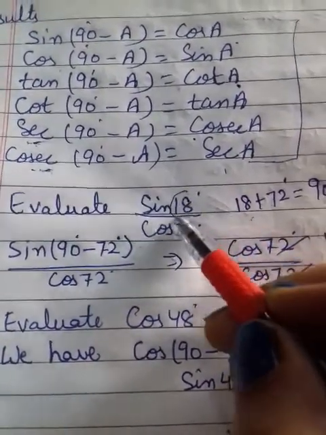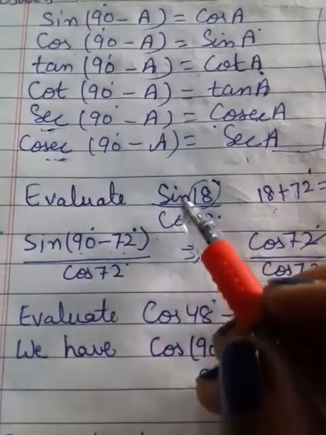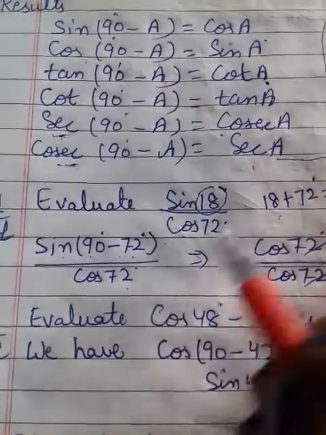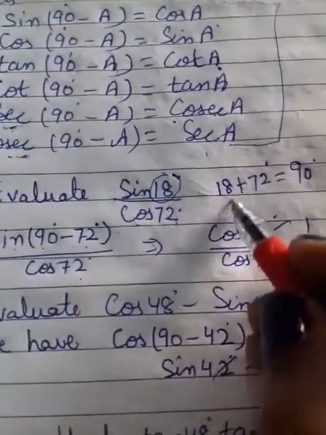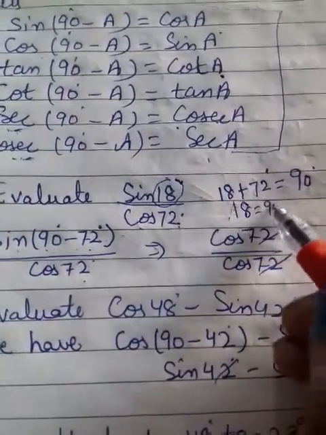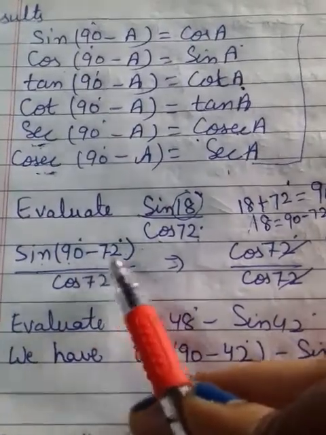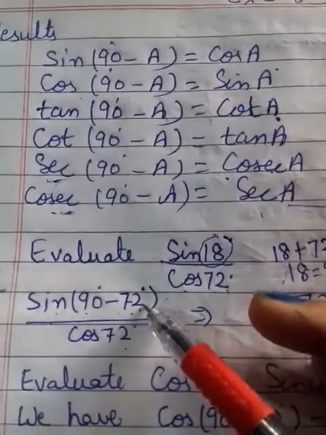So 18 I can write 90 minus 72. Sin I kept same. Denominator also I kept same. Sin 90 minus 72 means what is A here? A is your 72.